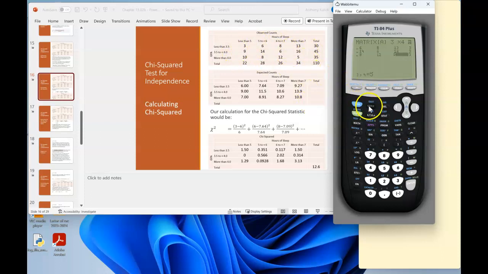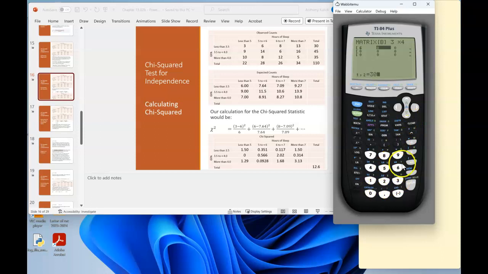Now to do the expected counts, I'm going to do that in matrix B. Again, that has to be 3 by 4. They have to be the exact same size. So to do this, I'm going to do row total times column total divided by overall total, because I want the decimals.